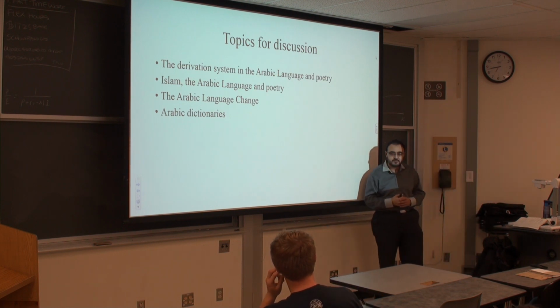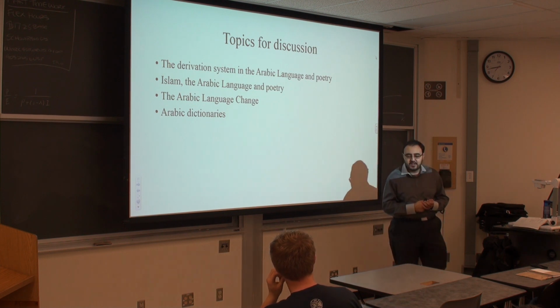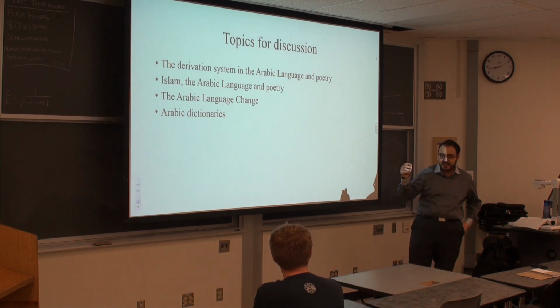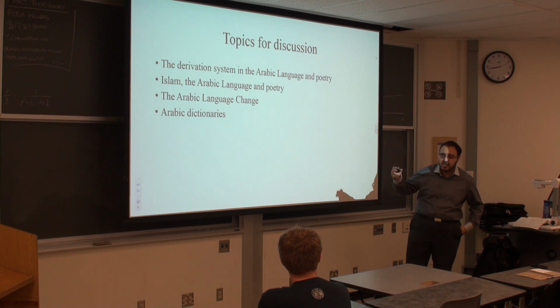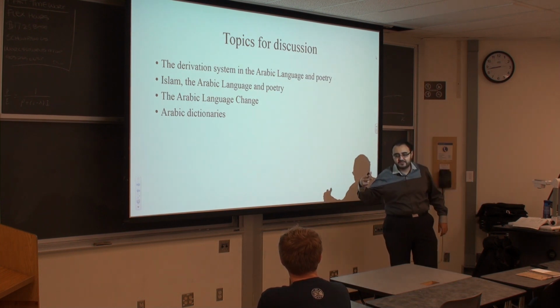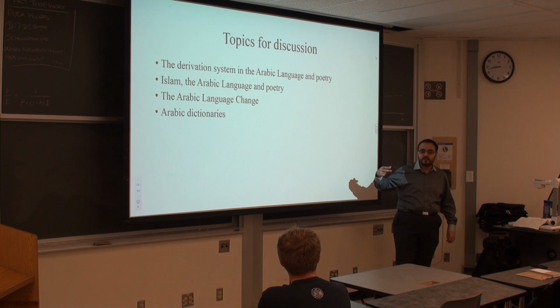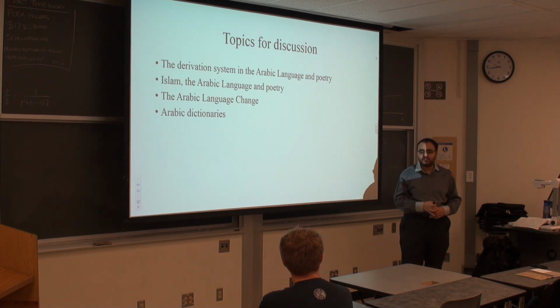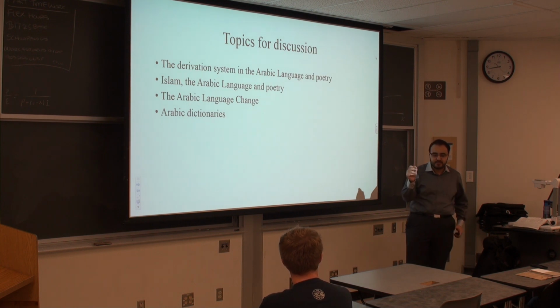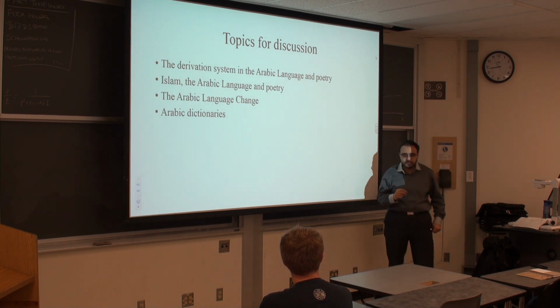The derivation, go ahead. Do Arabic dictionaries have listings of prefixes? Yeah, they don't have a list of prefixes, but under the same root you will have the words, and the words will be grouped not necessarily according to the prefix.